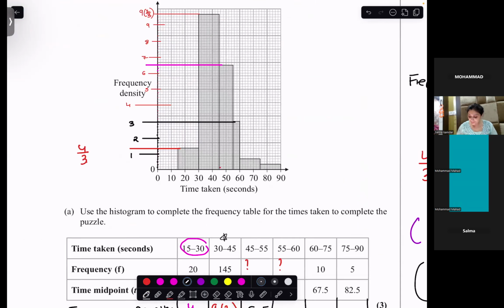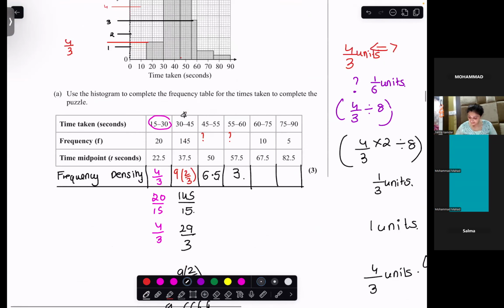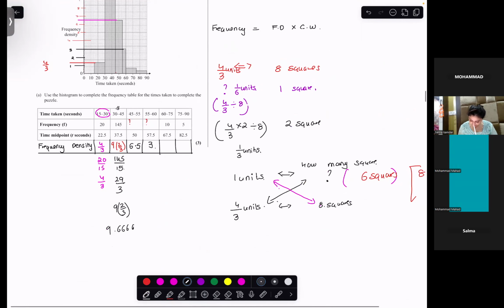This is exactly 3. So I got the frequency density. Now I will find the frequency. So it would be frequency density into class width.